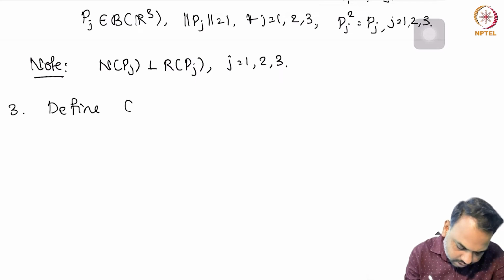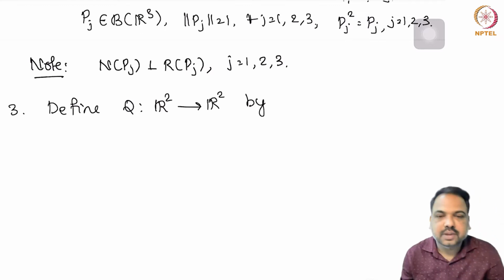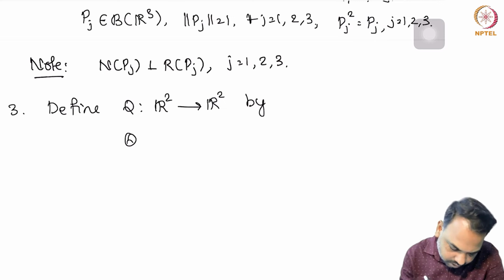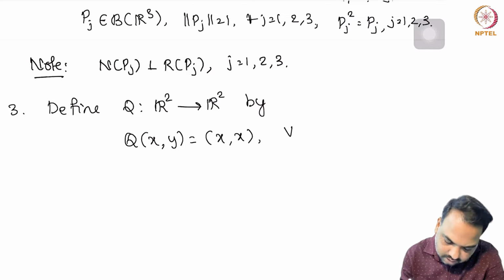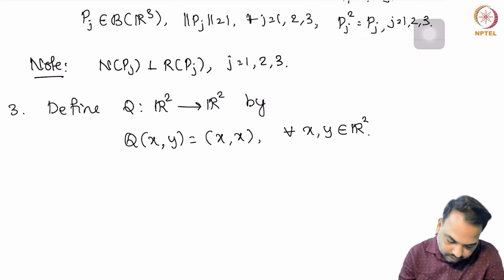Define Q from R2 into R2 by Q of (x, y) as (x, x) for every (x, y) in R2. We can easily check that this is a linear map, and we can also check that this is bounded.